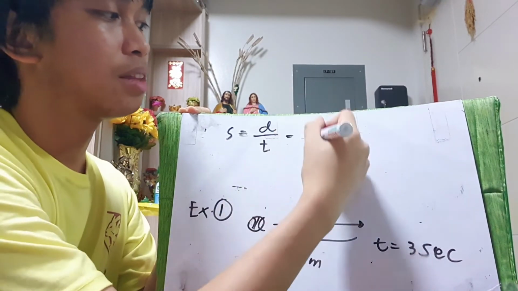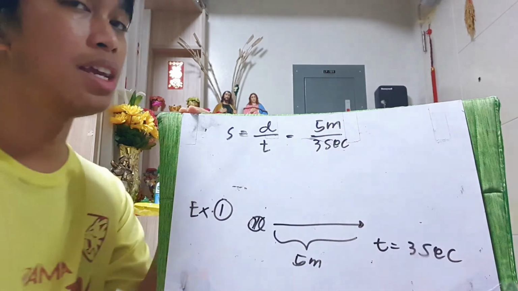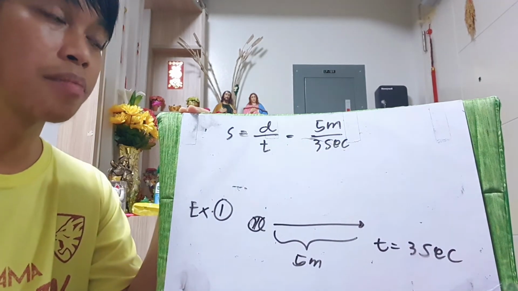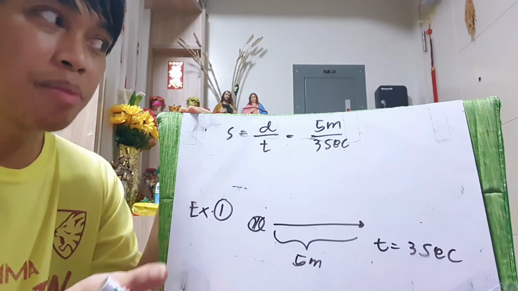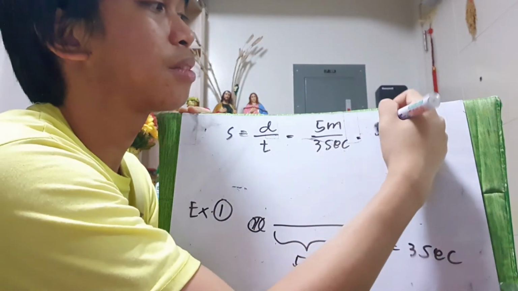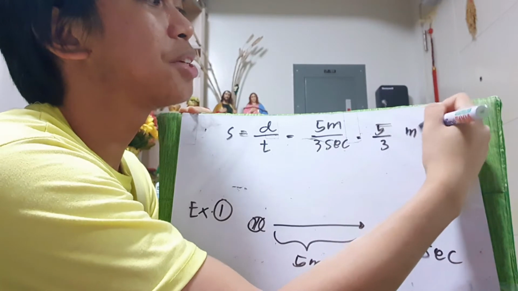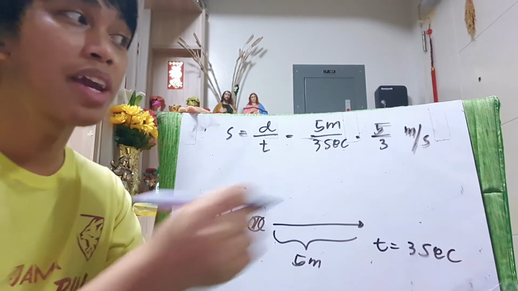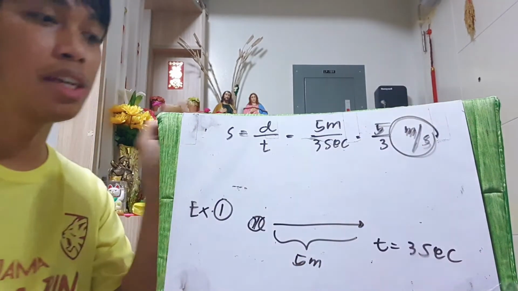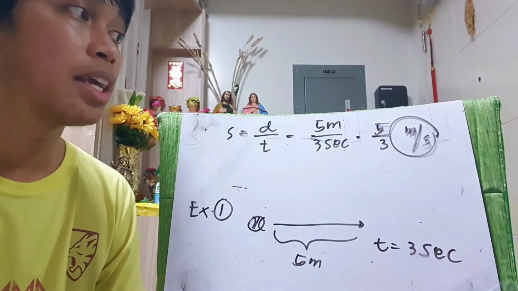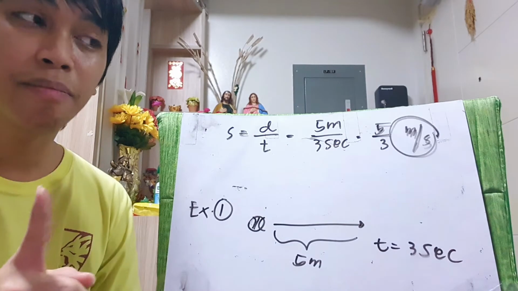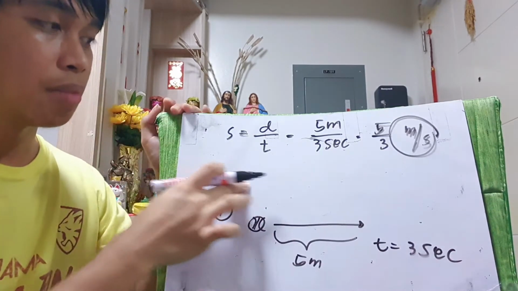Since this cannot be simplified, it remains as 5 over 3 meters per second. By the way, meter per second is the usual unit for speed. But take note of this.